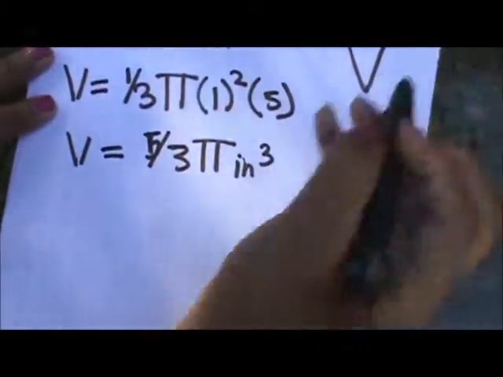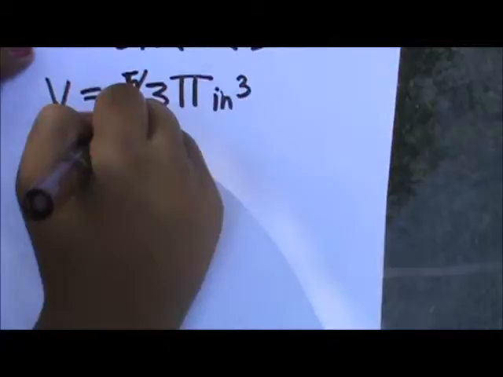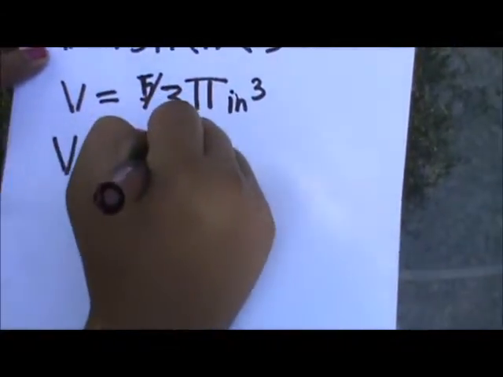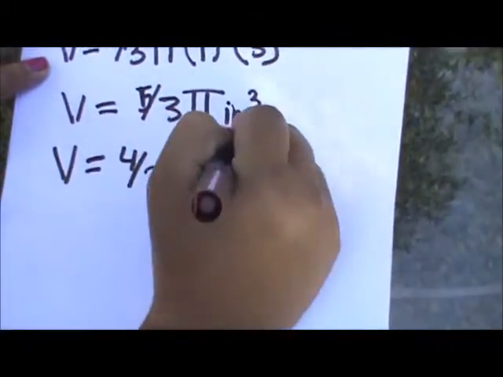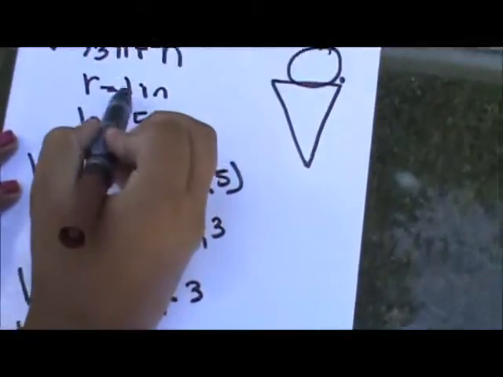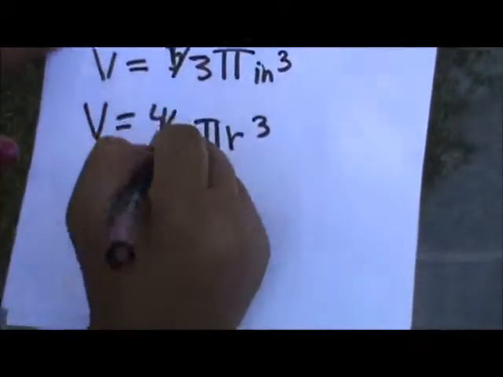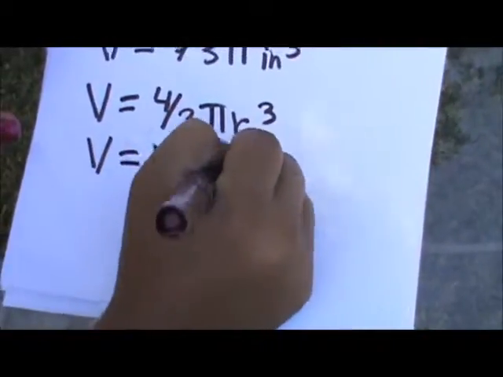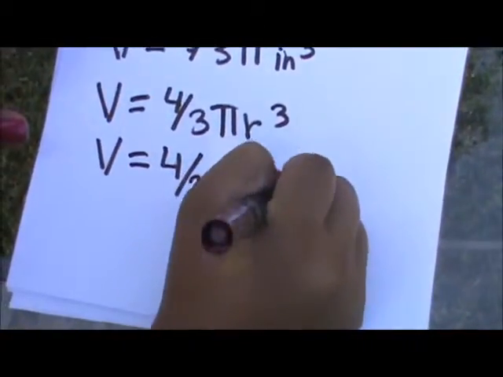But now we find the volume of the sphere, which would be 4/3 pi r cubed. Since it has the same radius as the cone, it would be just 4/3 pi inch cubed.